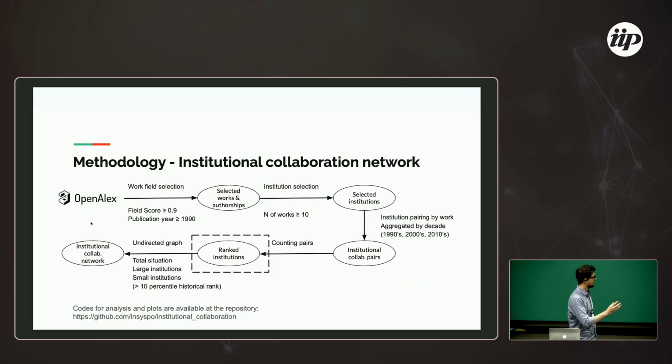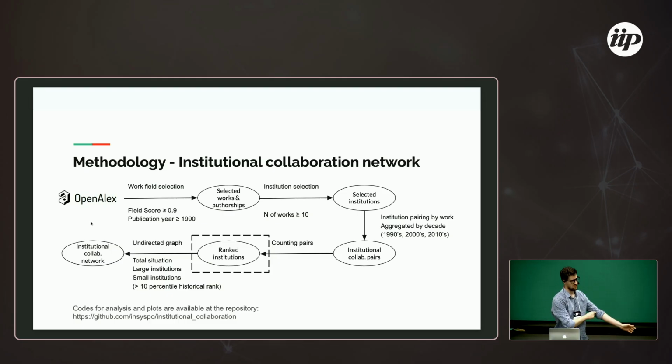We get these works from OpenAlex by the field score, and we gather works after the 90s. We select the institutions that have more than 10 works, and we aggregate the data between the decades. We rank the works by percentile.